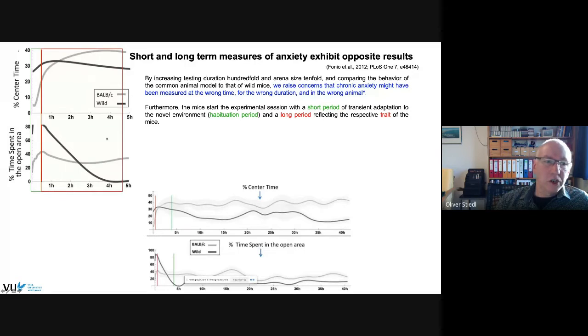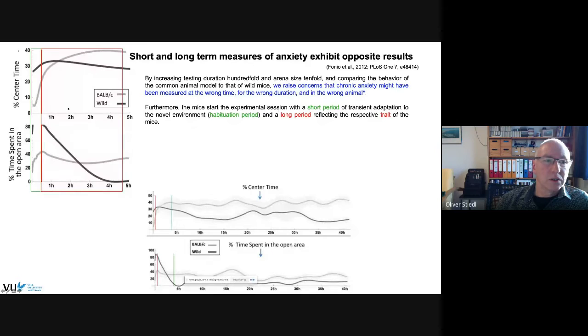And what he could show is that the BALB/c mice that in the lab are supposed to be very anxious show a reduced center exploration time in the first half hour of the test, which is already much longer than in many other assays, whereas the time in the open is reduced.